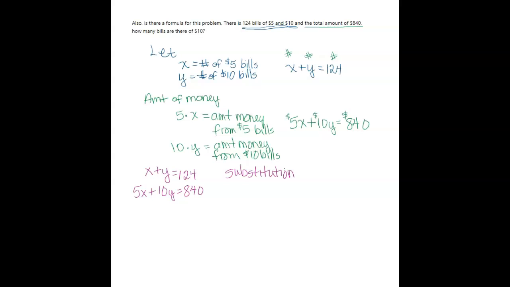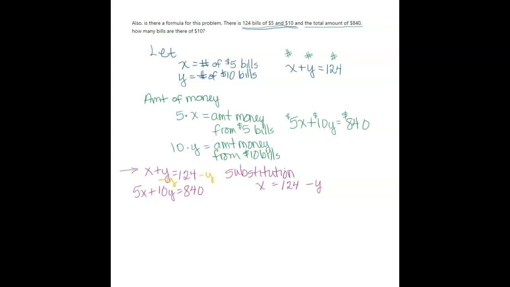Because the first one has x's and y's, it's easy to solve for x. X is equal to 124 minus y. I essentially just subtracted y from both sides.